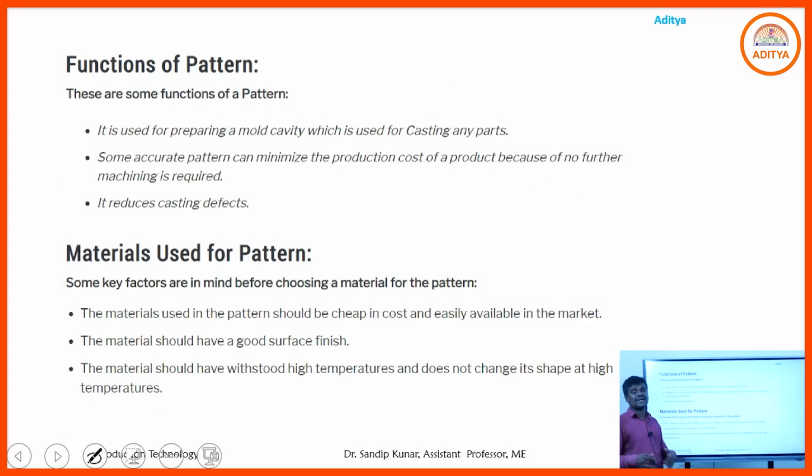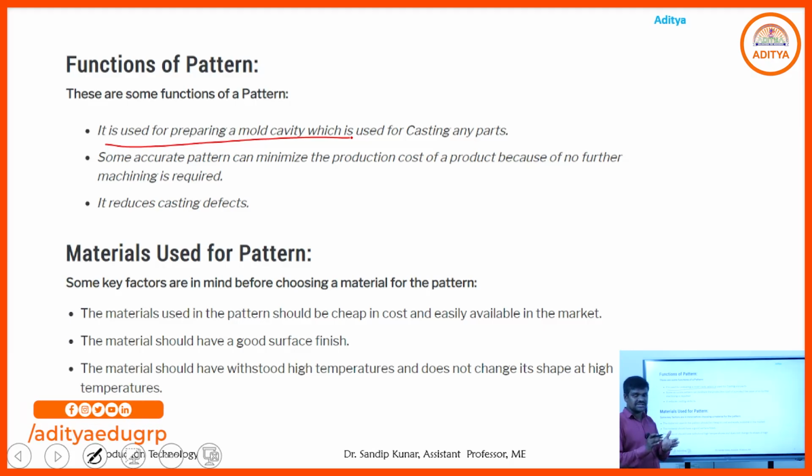Function of the pattern. What is the function of the pattern? A pattern is used for preparing the mold cavity in the casting process. Another, accurate patterns provide a good casting product, meaning the surface finish, the dimensions of the cast product, and the quality of the surface also depend upon the pattern.